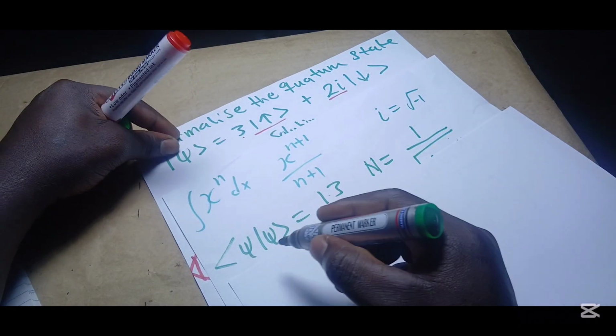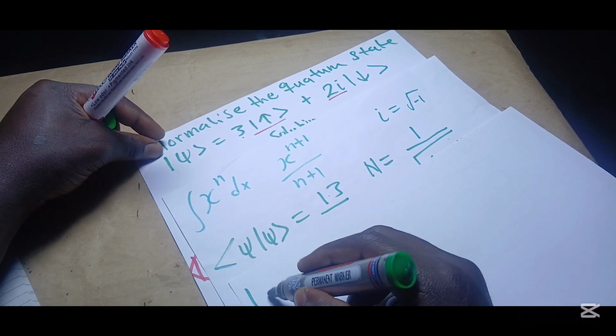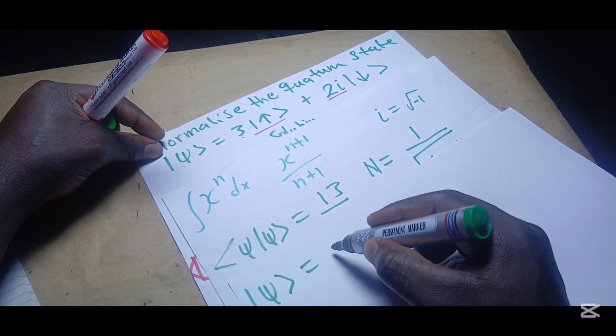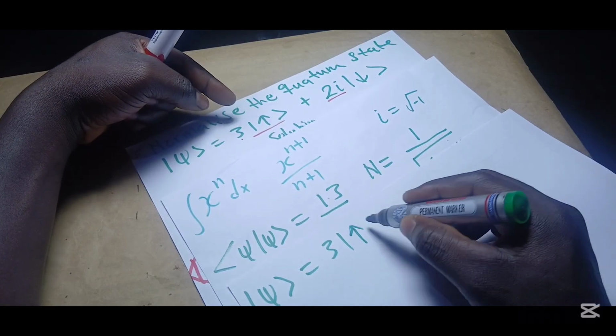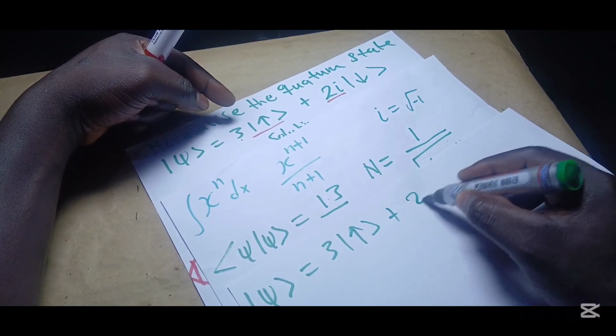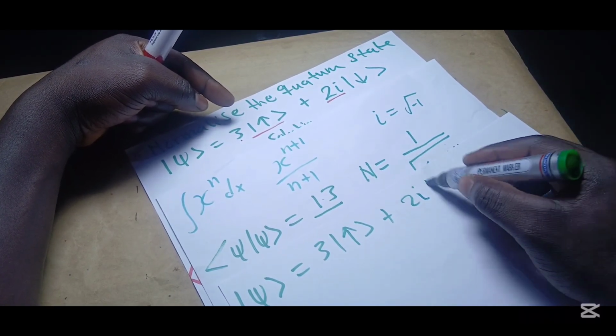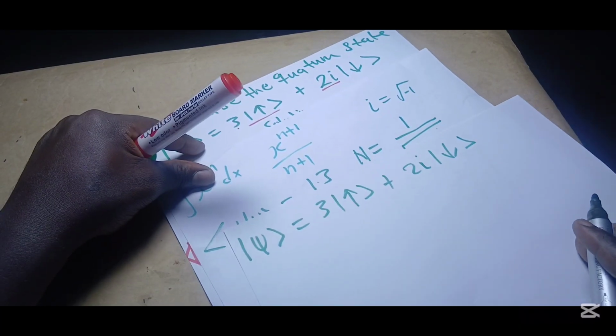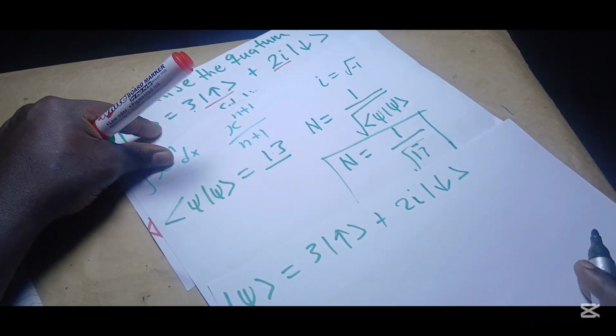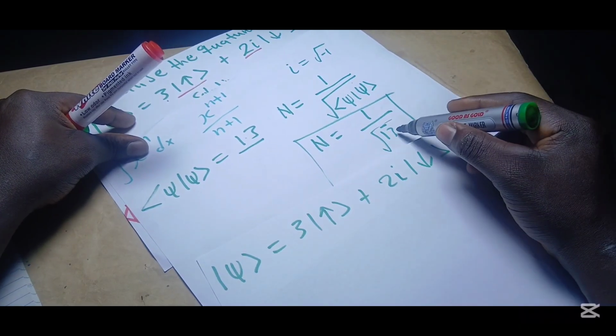The state given to us was psi equals 3 spin up plus 2i ket spin down, and we've gotten our normalization constant to be 1 over the square root of 13.